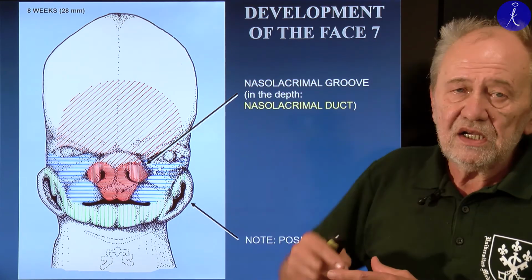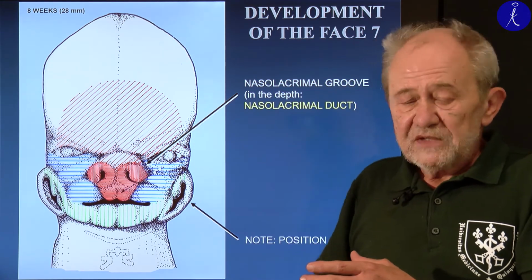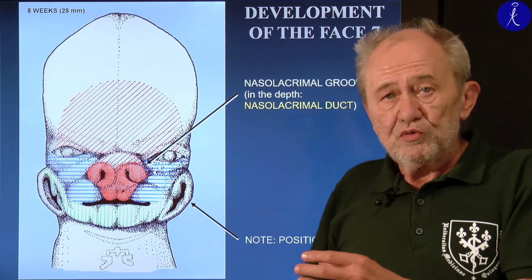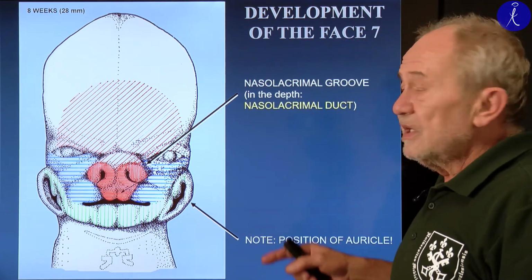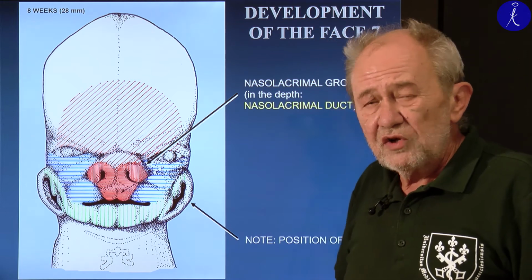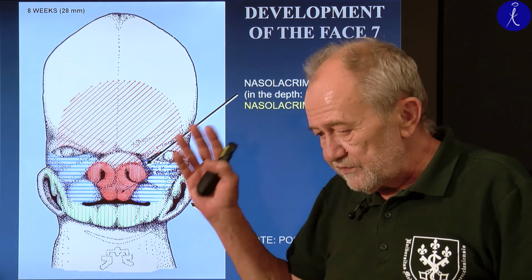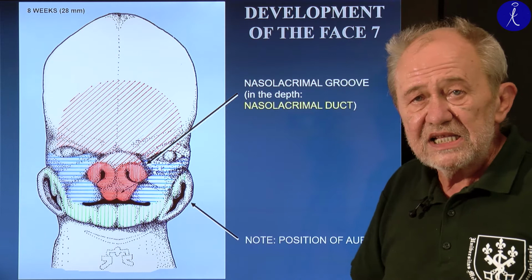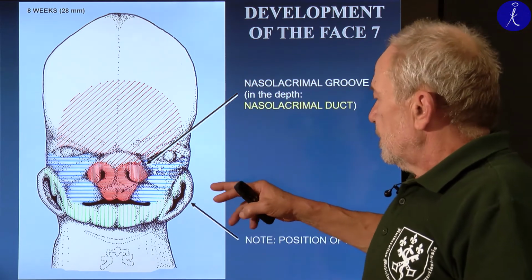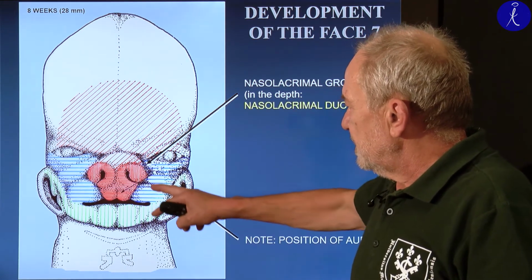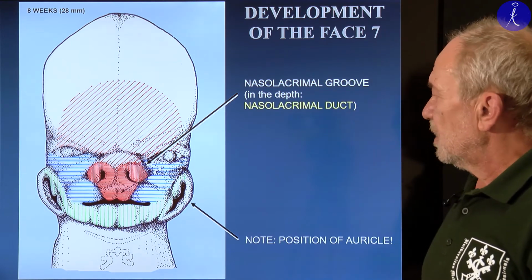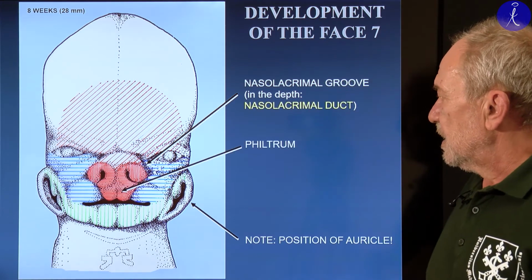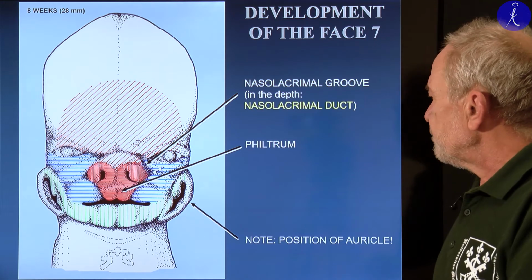Therefore the central cell mass should die, and by dying a tube is formed. This applies to many developmental happenings, of the lung for example, or glands or anything. So this duct trapped deep here is the future nasolacrimal duct connecting the orbit with the nasal cavity.